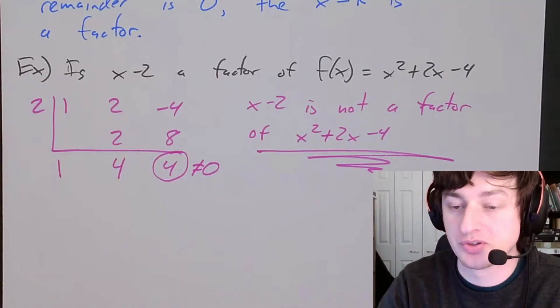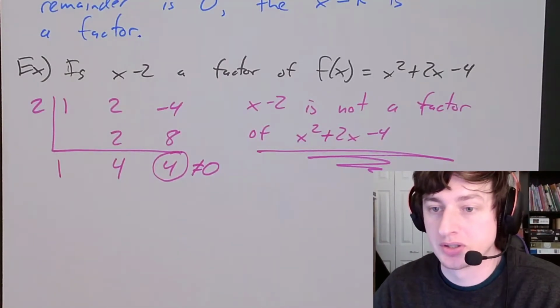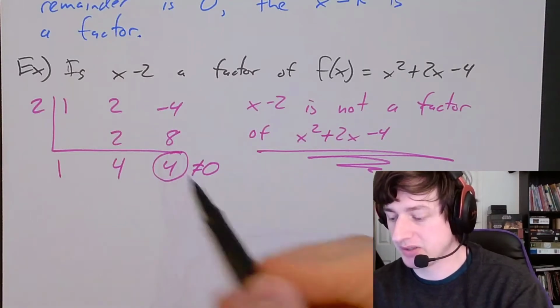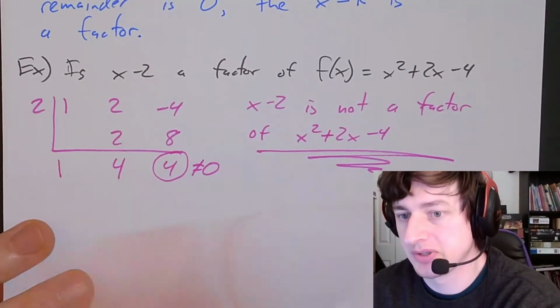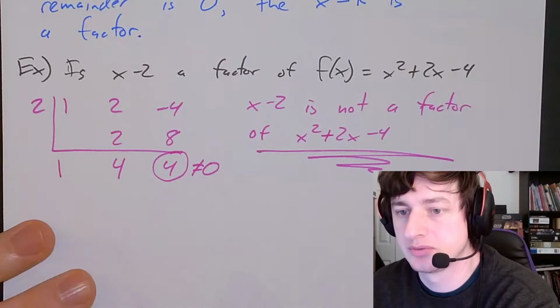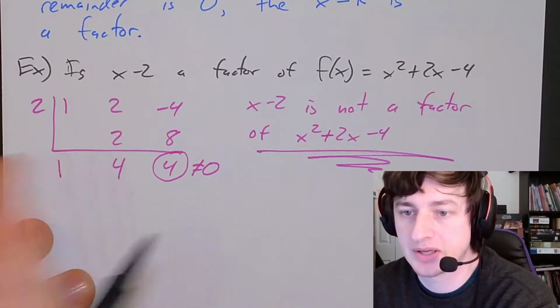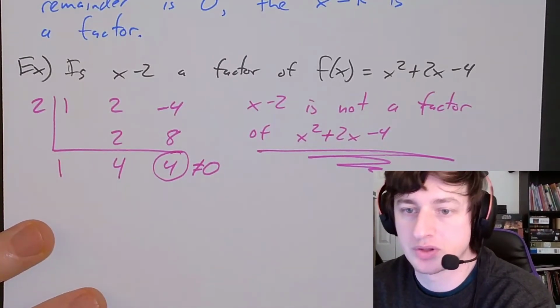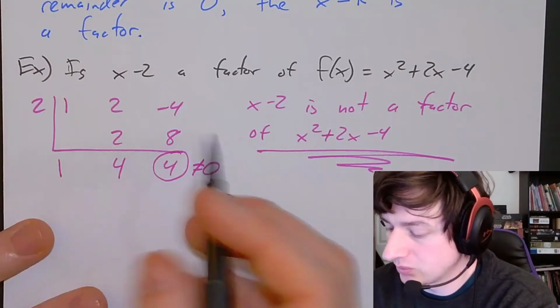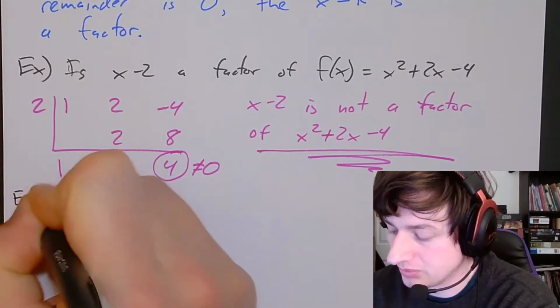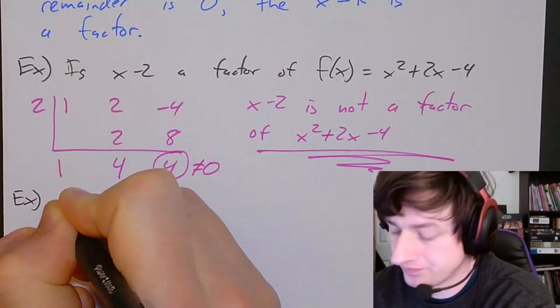So we're just going to do a bunch of these. We're going to do a bunch of synthetic division today. You can do this by dividing, and if there's no remainder, that means it's divisible too. But synthetic division is going to be way faster for most of the things we're doing, especially when we get larger polynomials like this one.